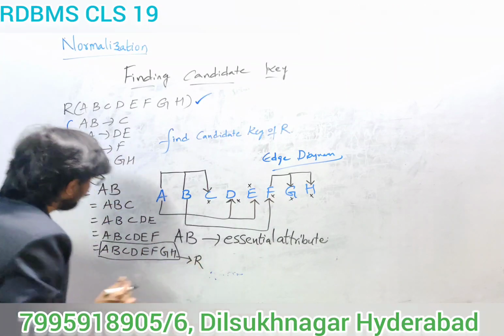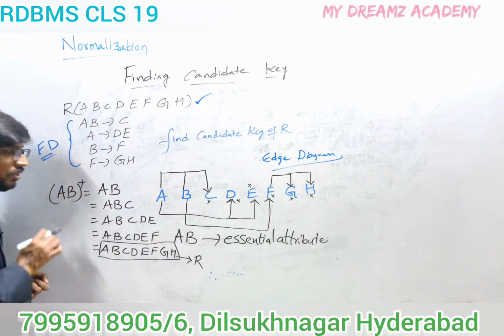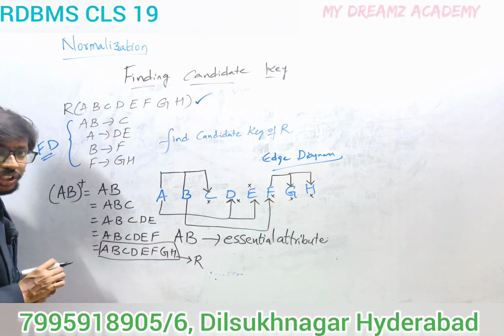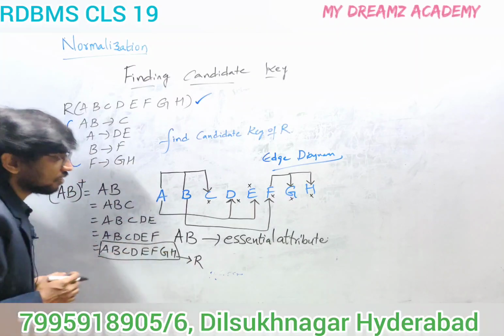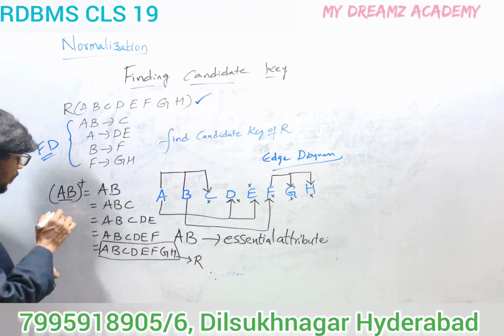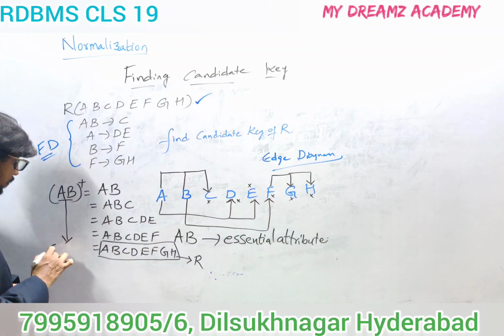If a given set of attributes has a closure that determines the relational schema, then that particular set of attributes will become a candidate key.